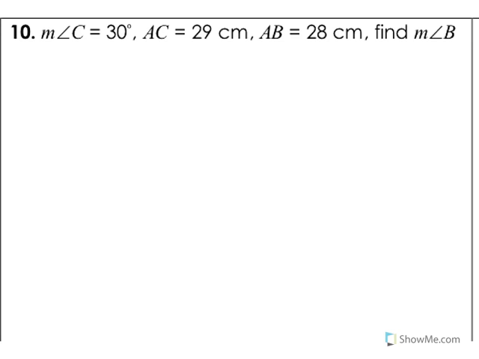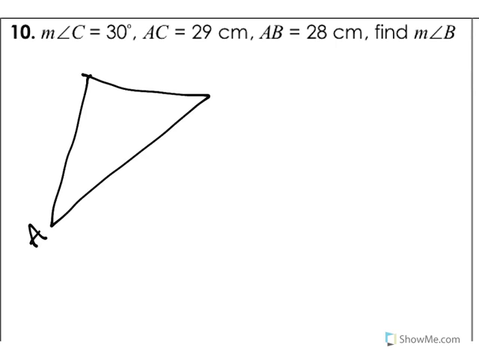All right, so the first thing I'm going to do is draw my triangle. I have A, B, C, and C's measure is 30. AC is 29. AB is 28. And we're going to find B, so that's going to be theta. So, do you have a pair? You do.